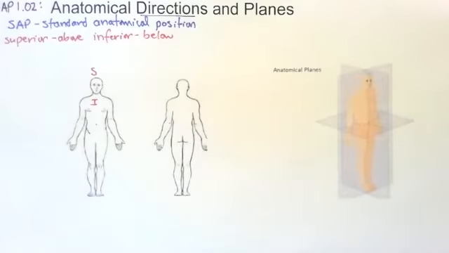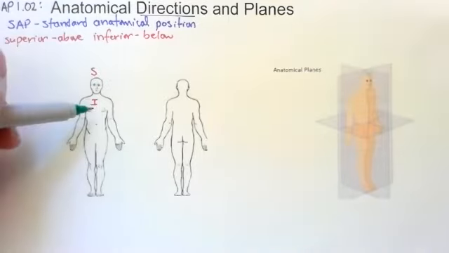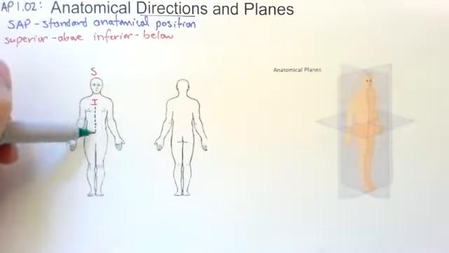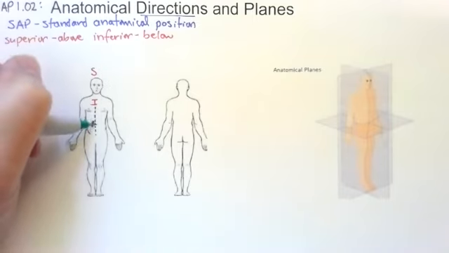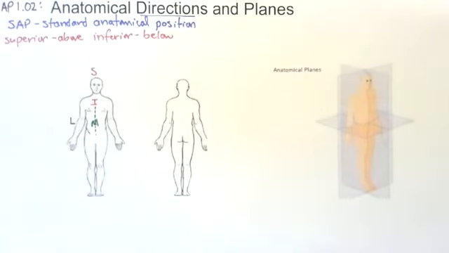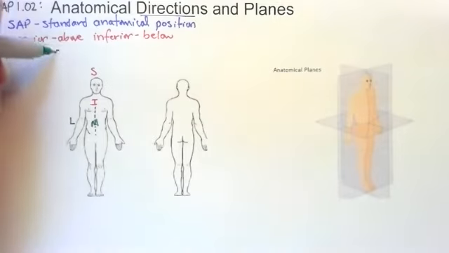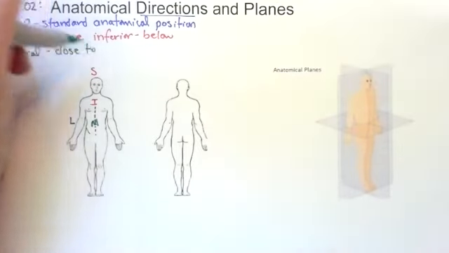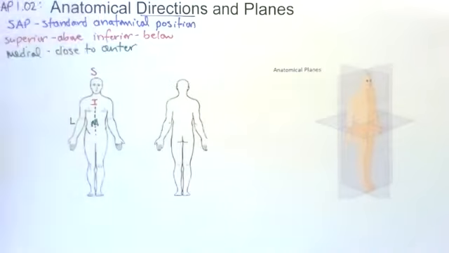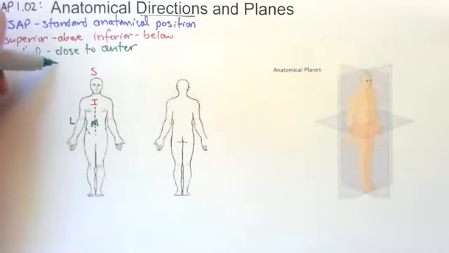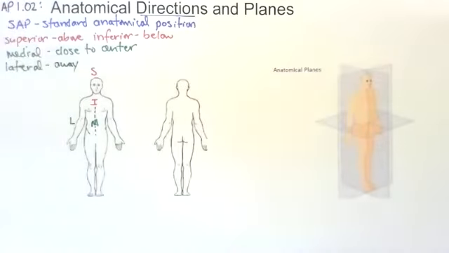One of the more common ones that we'll use, and I'm going to draw a dashed line down the center. I'm going to put an M here, and I'm going to put an L here. The M stands for medial, and that means we're close to the midline. The L stands for lateral, which is away from the midline.